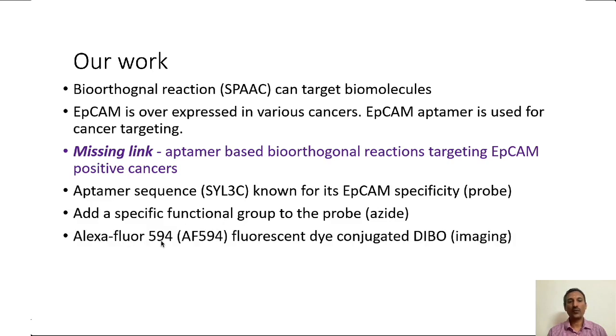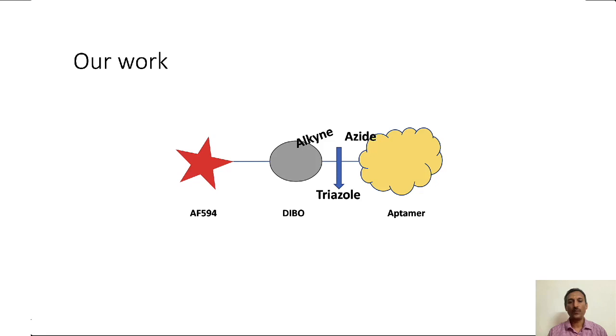And Alexafluor is basically the fluorescent dye, as I mentioned earlier. So, we need a probe, and the probe generally has a fluorescent label, and the fluorescent dye we have used is Alexafluor 594, and DIBO is the octane derivative which is used for our imaging studies. So, the aptamer has the azide unit, the DIBO has the fluorescent probe and the alkyne unit.